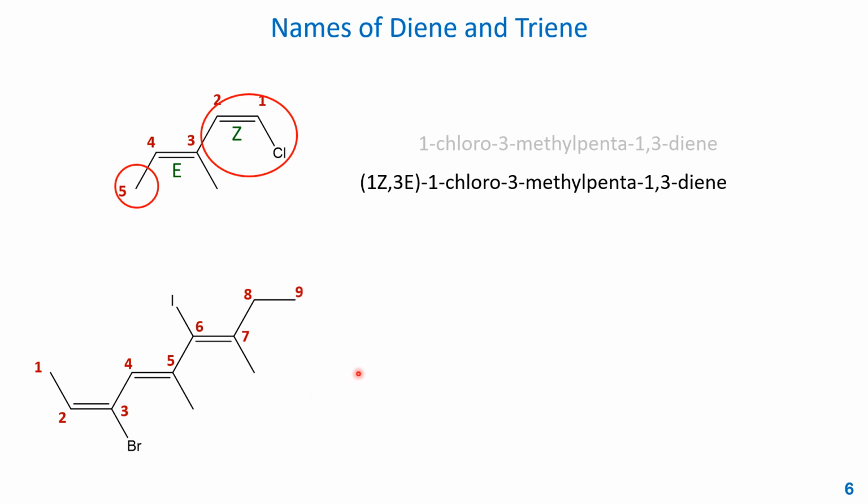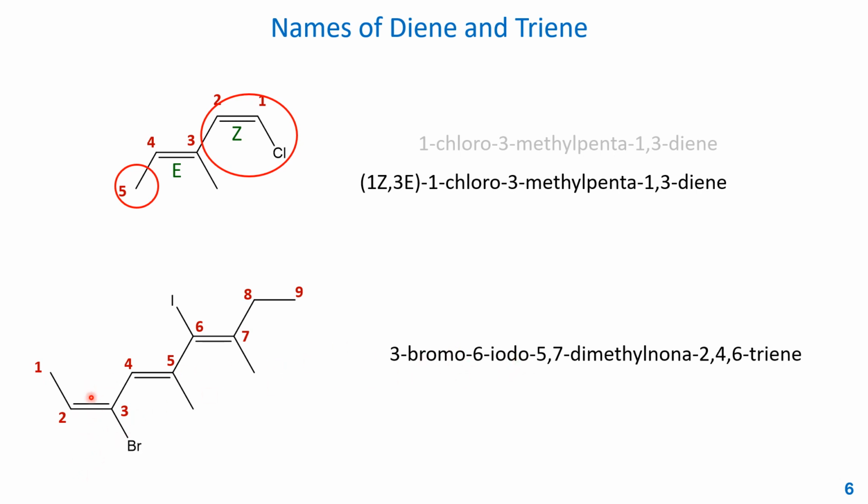The longest chain is 9 carbons, so the prefix is non. Then we give the name of this compound without worrying about the Z/E issue. That's 3-bromo-6-iodo-5,7-dimethyl-nona-2,4,6-triene. Now let's worry about the Z/E isomers.